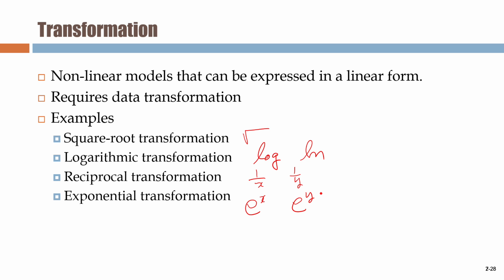So actually, to find out whether we have to do the square root transformation, or the log transformation, the reciprocal transformation, or the exponential transformation, this is not clear. That's why some people say this transformation, I mean model selection, what kind of model we should use for the regression, is kind of an art. Of course, we have a technical part here, so that's why people say this is like science and art together.